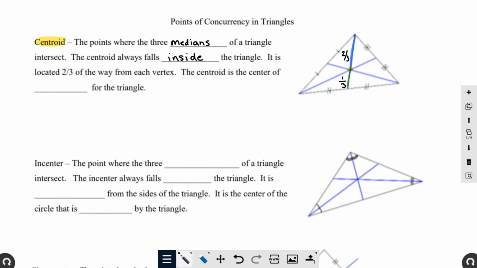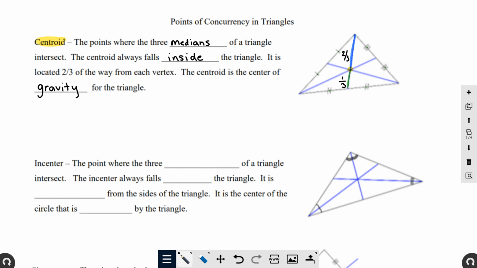So this is 2/3 of the whole, and this is 1/3 of the whole. Now, we're going to talk about some more problems that deal with those numbers a little bit later, but just keep that in mind. The centroid is also the center of gravity for a triangle.